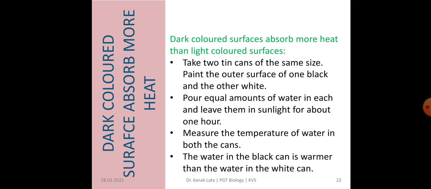Now pour an equal amount of water in both cans and keep them in the sun for about half an hour or one hour. And measure the temperature of the water in both cans. You will observe that the water in the black can is warmer than the water in the white can. Why? Because dark colored surfaces absorb more heat than light colored surfaces. So here the dark color is black and the light color is white.